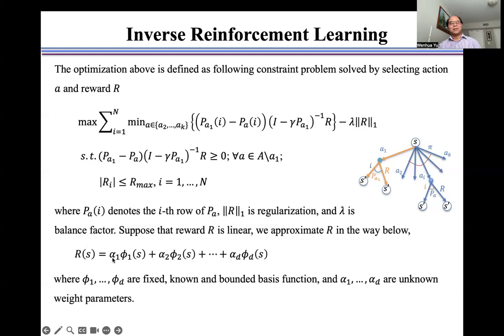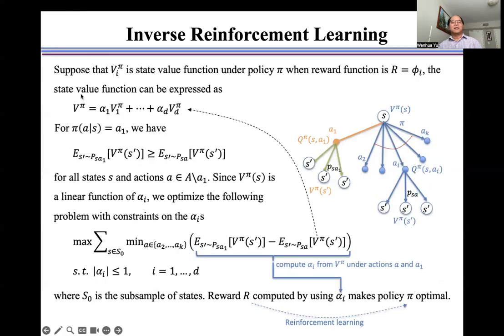However, we cannot solve this R alone using, for example, linear programming, because this R should be connected to the optimal policy. For this reason, we use the same coefficients alpha to express the state value function and the policy pi.